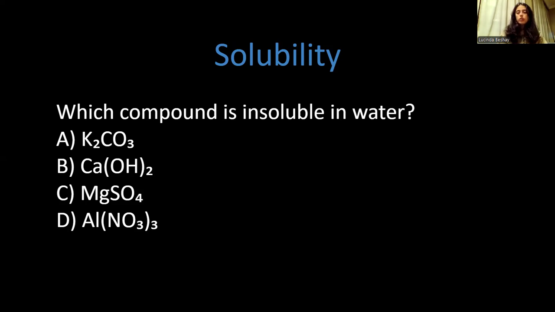Check on your periodic table. So potassium is group 1. Okay. And group 1 is one of the exceptions that makes carbonates dissolve in water. So this is not going to be our option.